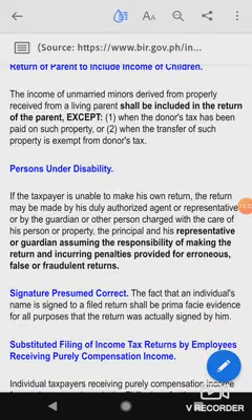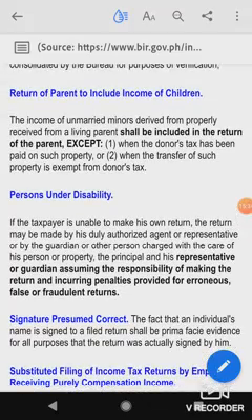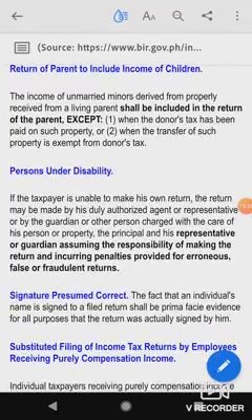So, the person with disability can have a duly authorized agent, representative, or guardian who will be the one shouldering any penalties incurred if the filing is erroneous, false, or fraudulent. So the representative or the guardian will assume the responsibility of making the returns error-free, correct, and on time.